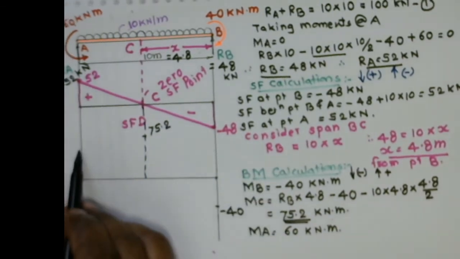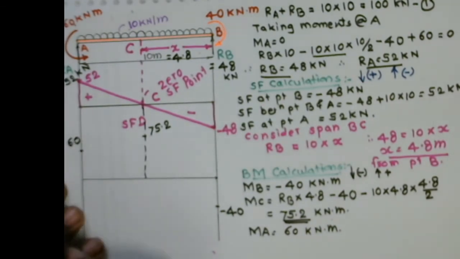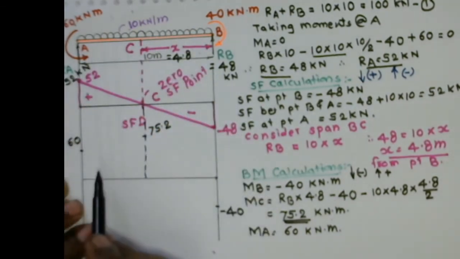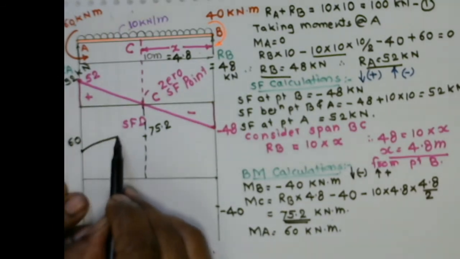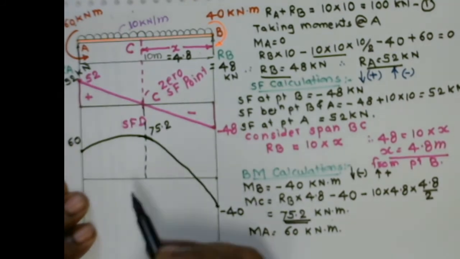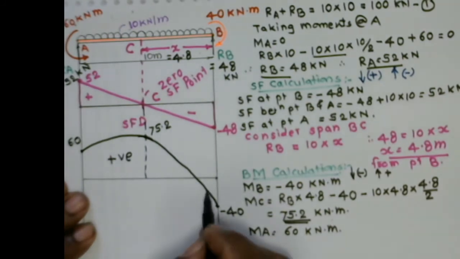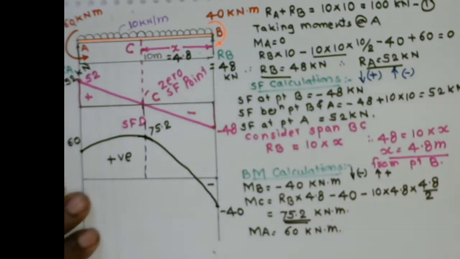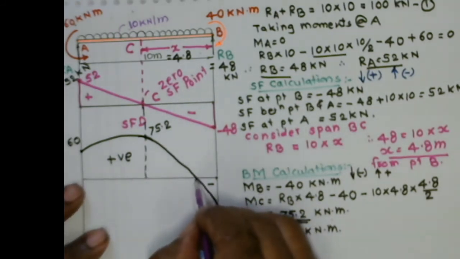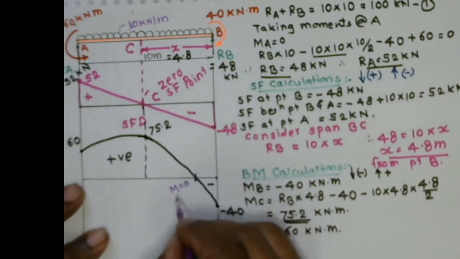At point A, it is 60 kilonewton meter, and all points are joined by a smooth curve, that is a parabolic curve. This part of the diagram is positive, and here the diagram is negative. In this case, the bending moment diagram also crosses the baseline. So here the bending moment is 0.